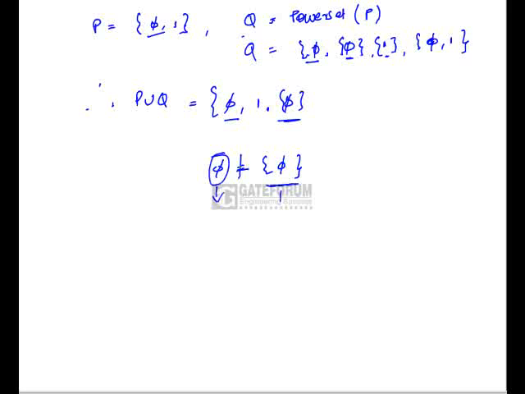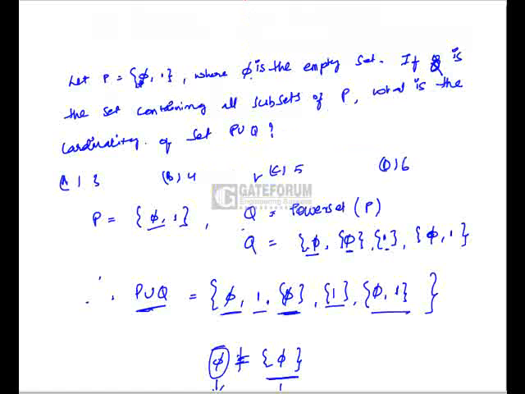So these two are not equal, and then the set phi comma 1. So P union Q contains 1, 2, 3, 4 and 5 elements. Cardinality of a set is nothing but the number of elements present in that particular set. So here the correct option is option C.